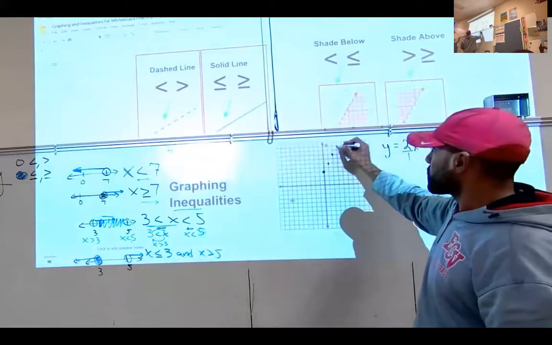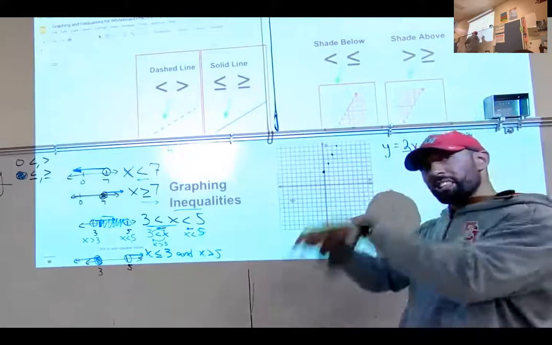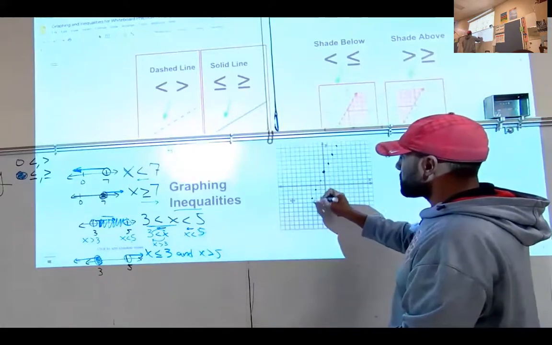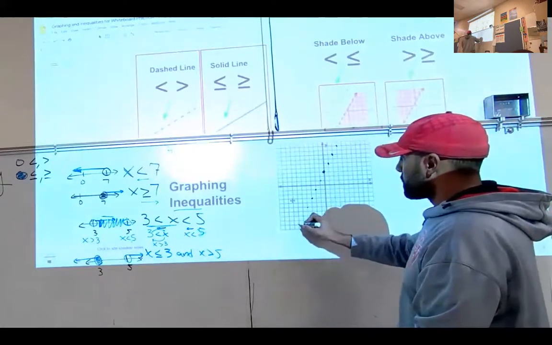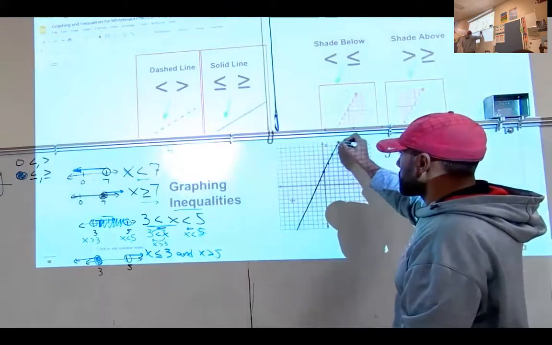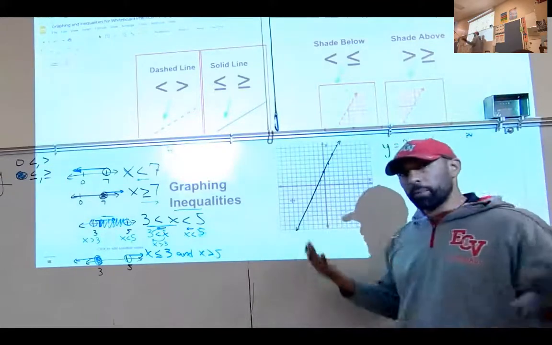Up 2 over 1, 2 over 1, 2 over 1, and then I go back down the other way. Down 2, left 1, down 2, left 1, right? Just to complete the line. Now, I would draw a line with arrows on each end, and I'd be done.